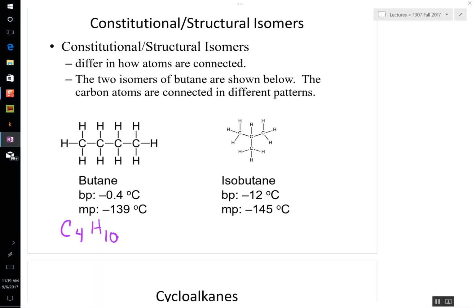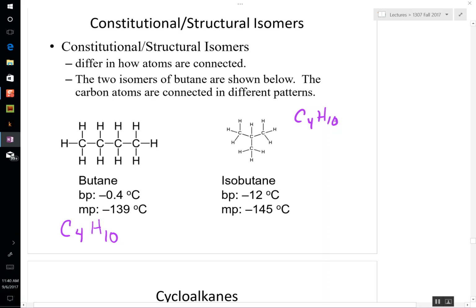We have 4 carbons, but let's count the hydrogens. 1, 2, 3, 4, 5, 6, 7, 8, 9, 10. C4H10. Those two molecules have exactly the same molecular formula, but different structures. That's what isomers are. This is butane. This is isobutane.